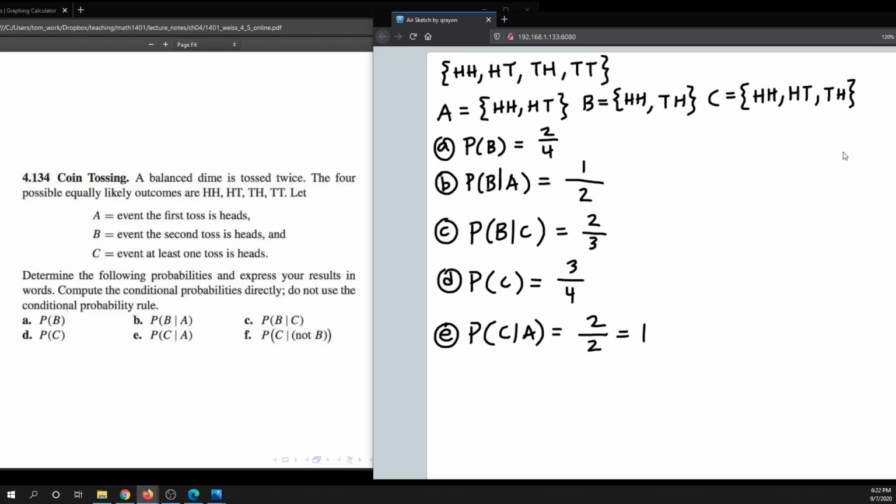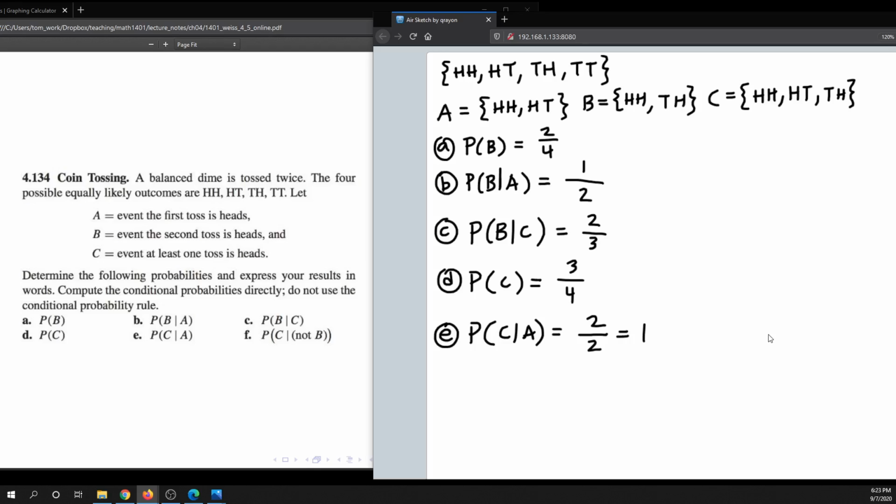You would say it has to happen. It's guaranteed to happen, because if you get either heads, heads or heads, tails, both of those are also in C. If you know that event A has happened, then it's certain that C has happened as well.